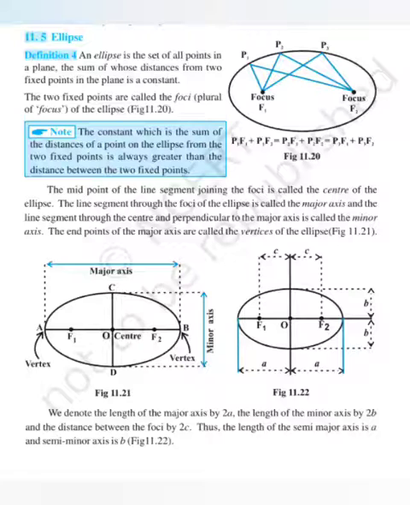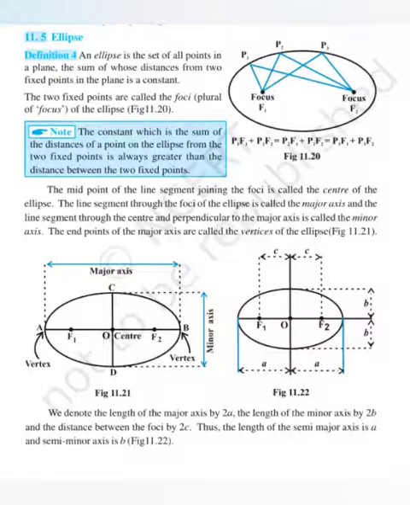And here, the line segment CD is the minor axis. Also, the endpoints of the major axis, that is A and B, are called vertices of the ellipse.